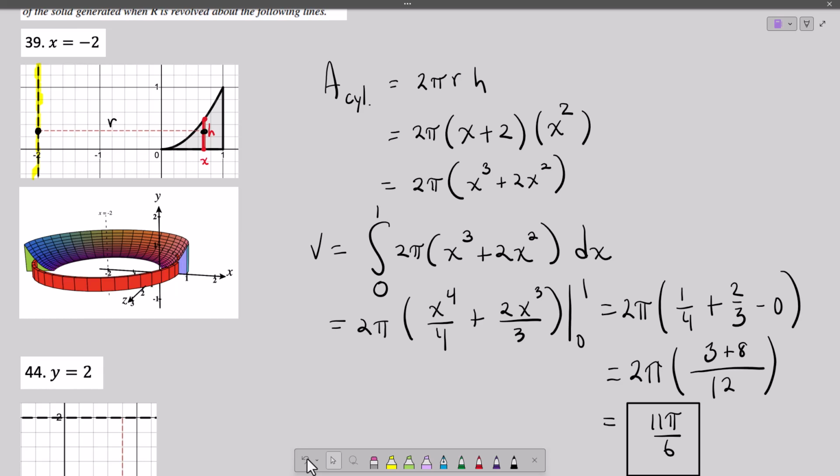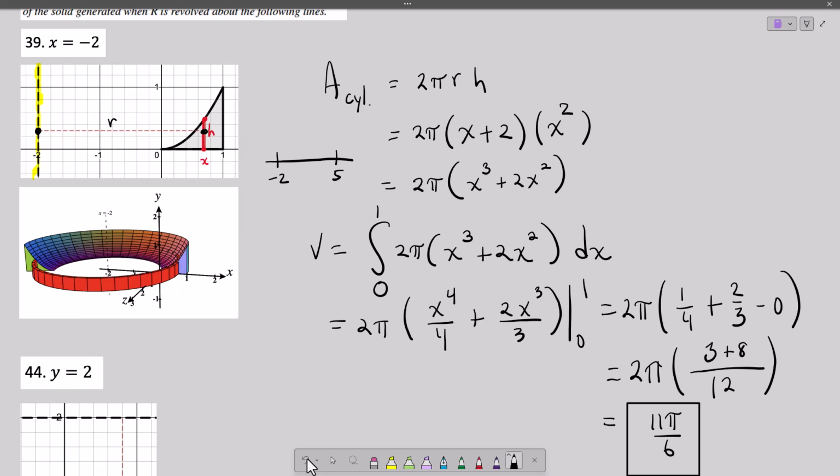Yeah, I'm having trouble understanding how you got the radius. So the radius is the distance from the element to the axis. It's this distance between here. Okay, so that is a horizontal distance. If we were on the x-axis and this is -2 and this was 5, what would the distance be? 7. We would do 5 minus -2.